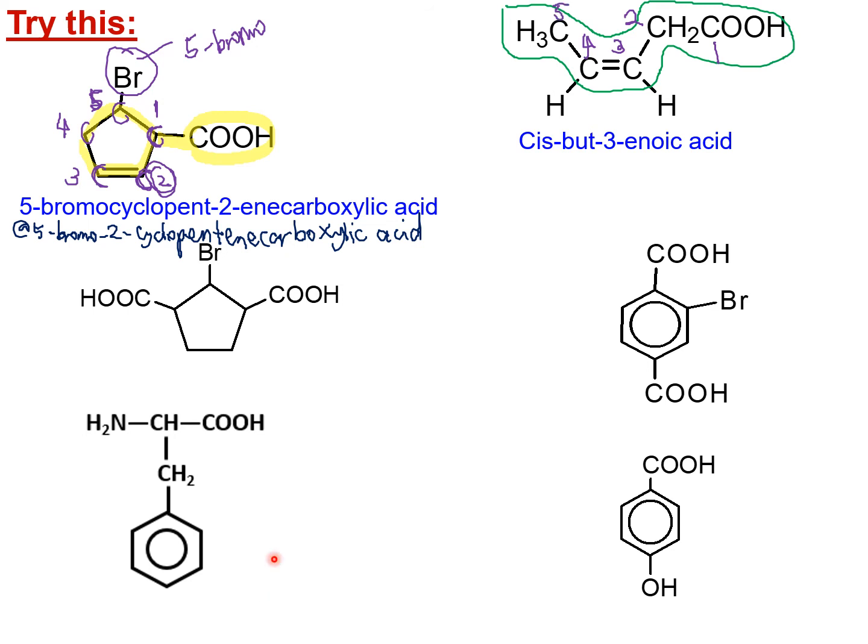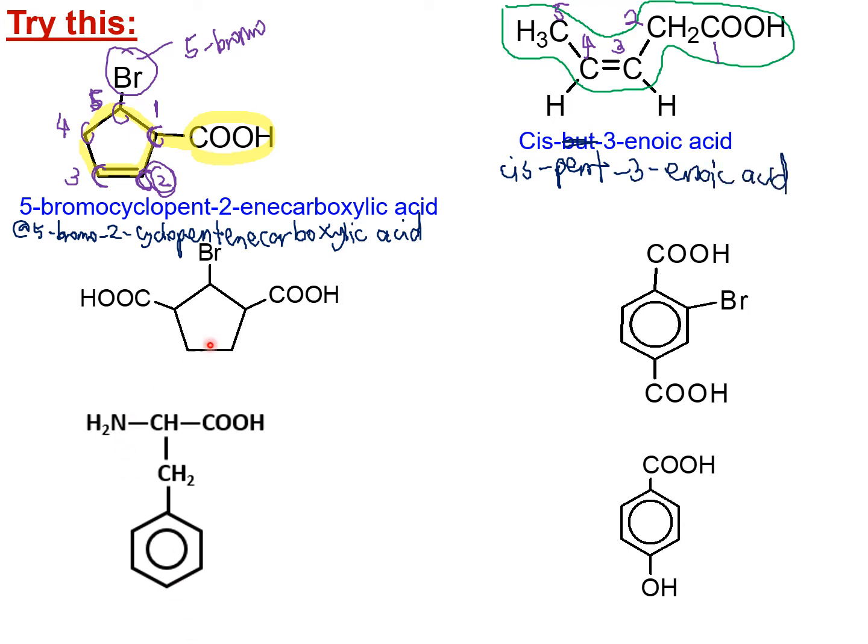At carbon number 3 we have the alkene, that's why it becomes 3-enoic acid, and this is the cis form. So cis, and it has 1, 2, 3, 4, 5. I'm sorry, it has 5 carbons as the parent. So if it is 5, it should be pent, not but. It should be cis-pent-3-enoic acid.